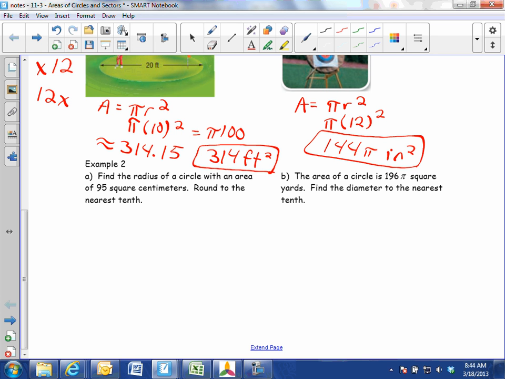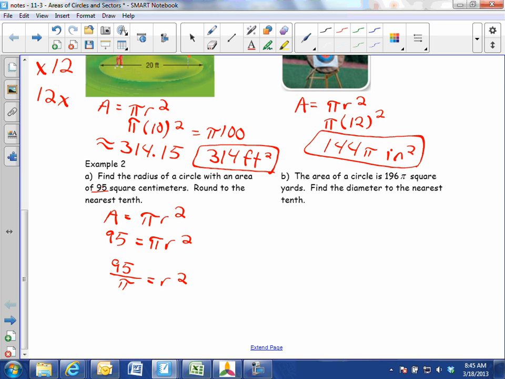Okay, example 2 says find the radius of a circle. They give us the area of 95 square centimeters and round to the nearest tenth. Okay, so area equals pi r squared. In this case, we know the area, so we're going to put that in for A. How are we going to get r by itself? We divide by pi, and then we take the square root of that.